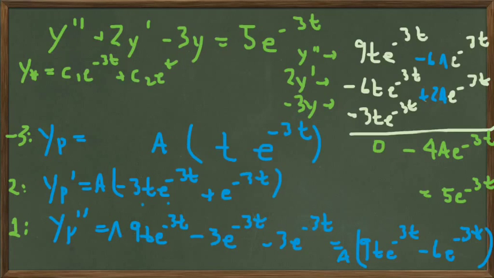So we've added everything up, and we get minus 4a e to the minus 3t equals 5 e to the minus 3t, so minus 4a equals 5, and a equals minus 5/4.